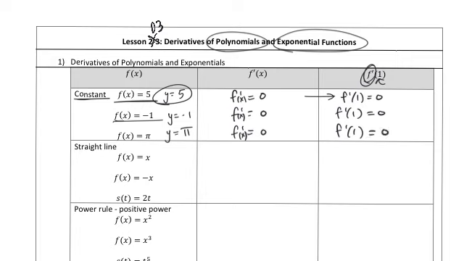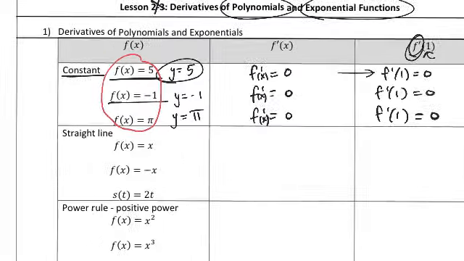Because you put 1 into this f prime equation, but the f prime equation doesn't depend even on x. The answer is always going to be 0. So what we're saying is that the slope of these lines right here is always equal to 0.